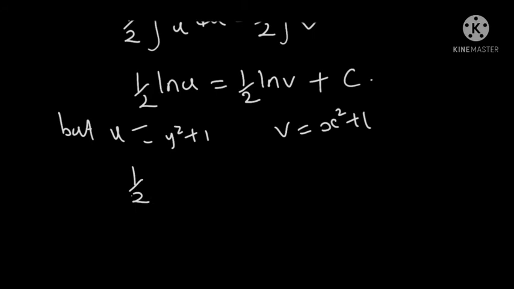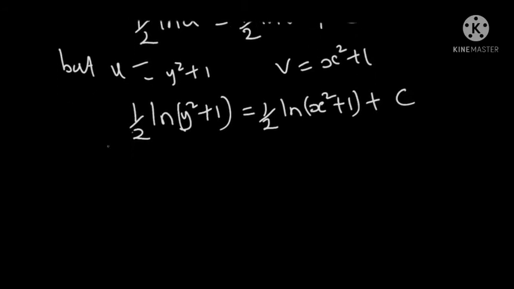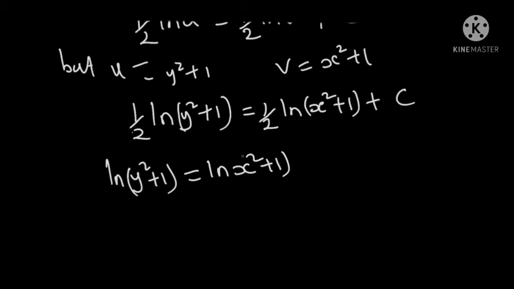We have a half ln of y squared plus 1 equals a half ln of x squared plus 1 plus the constant of integration. Now, we can multiply all through by 2. So we have ln of y squared plus 1 equals ln of x squared plus 1 plus 2c.